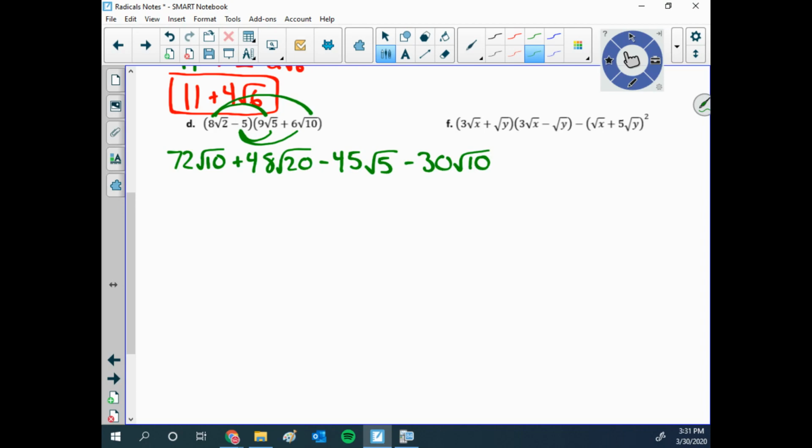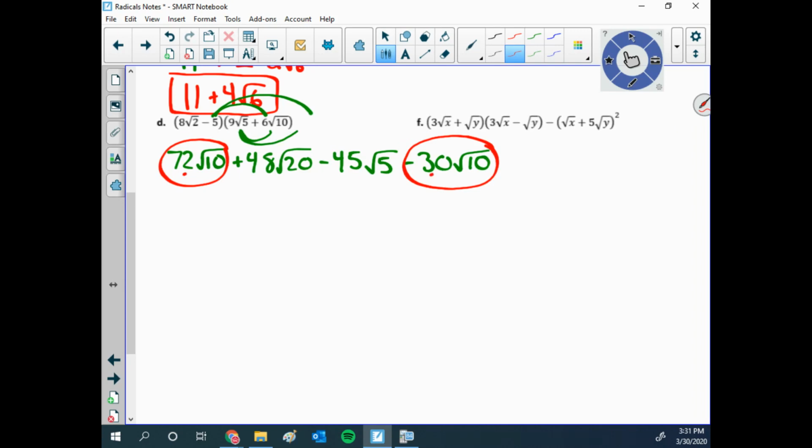So quite a few terms there, and we want to simplify as much as possible. Right now I can identify two like terms, 72 root 10 and negative 30 root 10. They have the same index and same radicand, so I just subtract the coefficients to get 42 root 10.